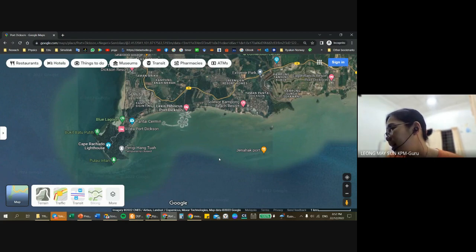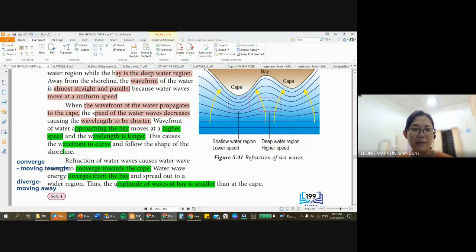Not really. All right. Okay, I'm going to open the answer. Actually, the answer is inside the textbook, which I highlighted already. The main reason why you should build at the bay is because water wave energy diverges away from the bay.